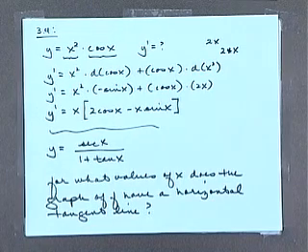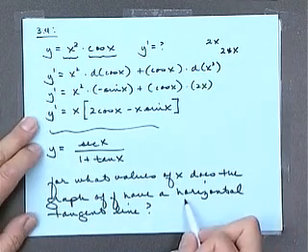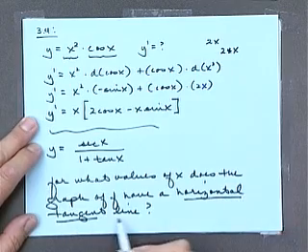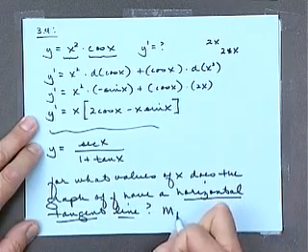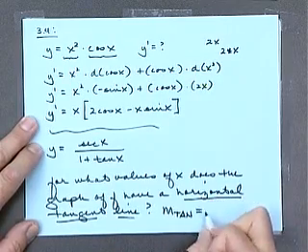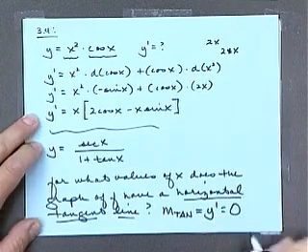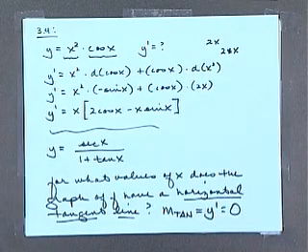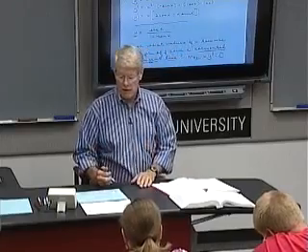So we want to find the derivative and set it equal to 0. You're right, set it equal to 0 because we want to know when we have a horizontal tangent line, so we want the slope of the tangent, which is y prime, to be 0. We want to find where the slope is 0. Probably not a single point. It's probably a point, and then it's going to be repeated every so often.